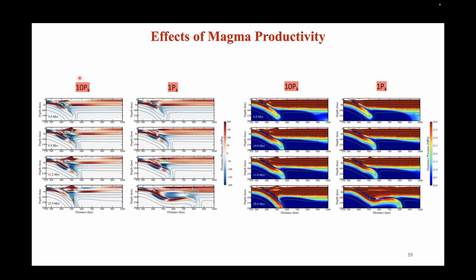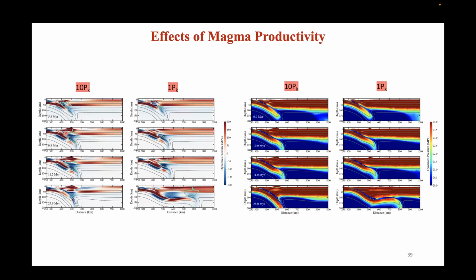But with 10 times higher magma production, you see this pink green color contour is the region of the magma. And this magma region is much bigger than in the reference model in the early stage.